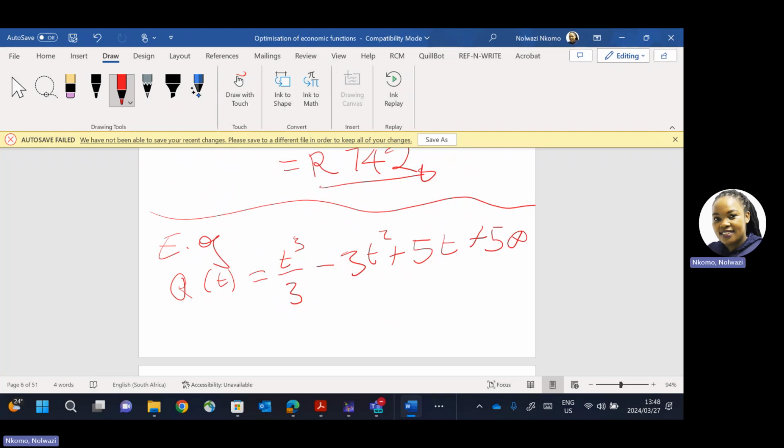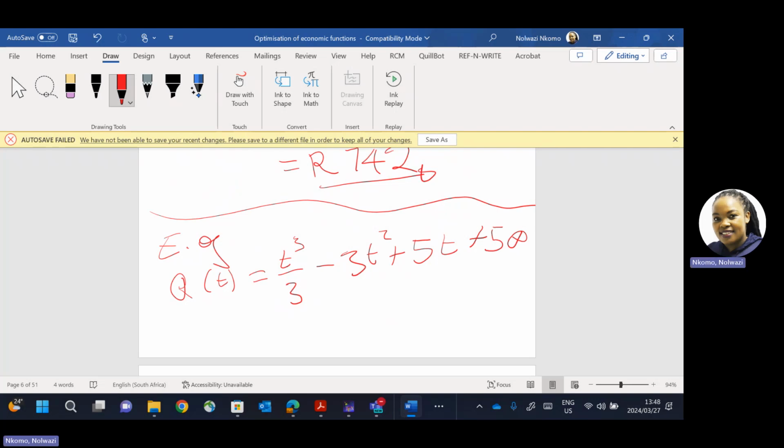Here T is given in years and Q is the output in hundreds of units produced. We need to determine the years when output is at maximum and when it's at minimum. That is the turning point of Q.